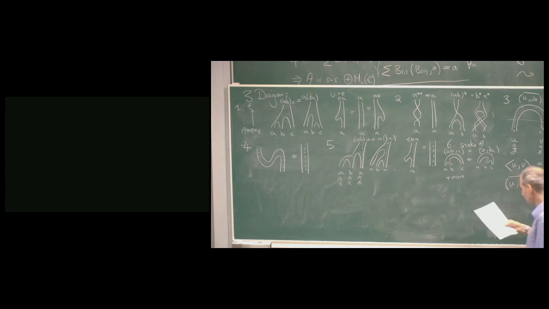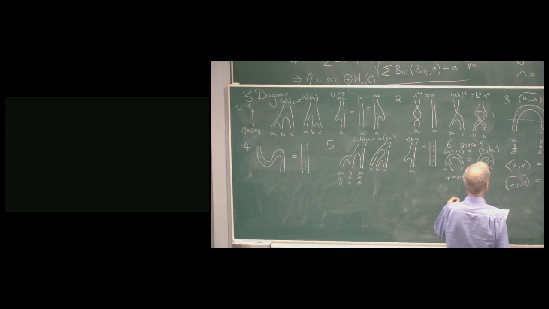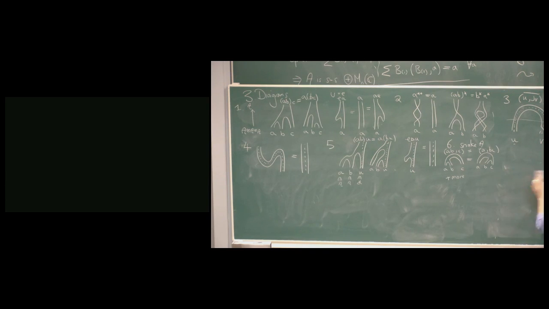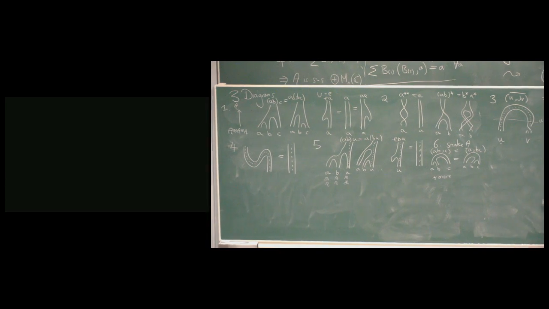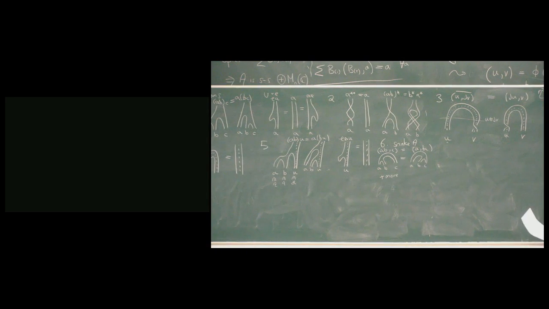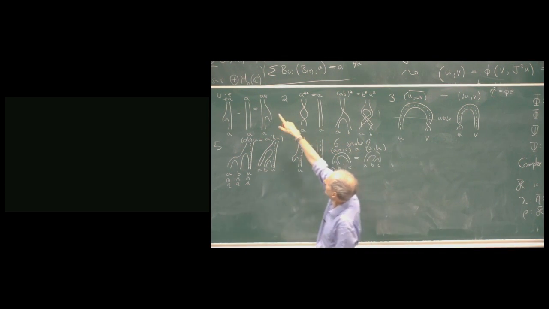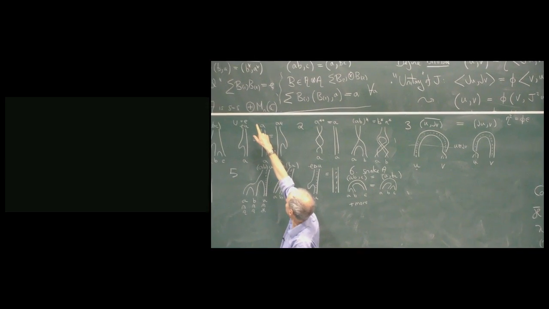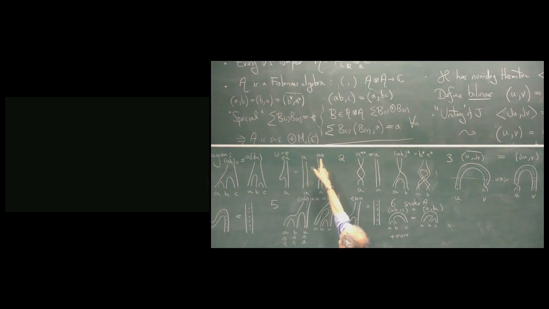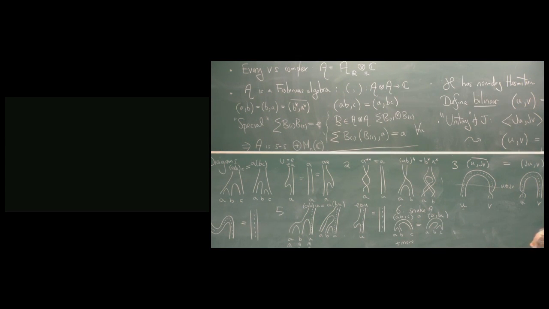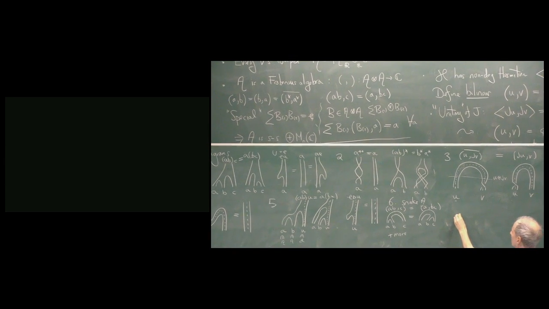But there is one I should mention, which is very important, which I'm going to rub this out and do it here. Remember the special condition that's up there, that if I take the inverse gadget and multiply them, I get the identity element in the algebra. So that is this condition here.